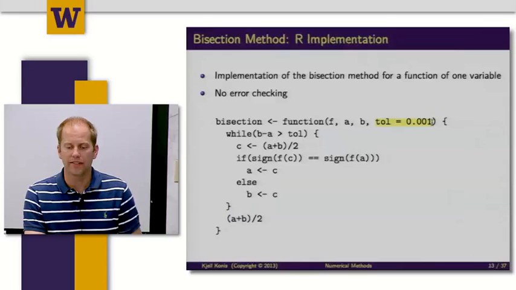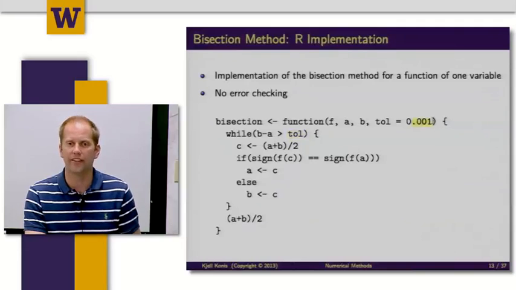This means if you call this function with 3 arguments, they're going to be interpreted as f, a, and b. And anytime it needs a tolerance inside the function, it'll just use this default value here. If I just put tol with no default, then every time you called the function, you'd have to put a 4th argument.